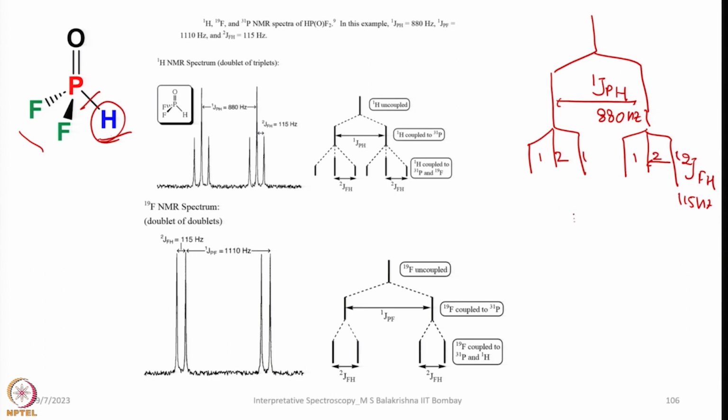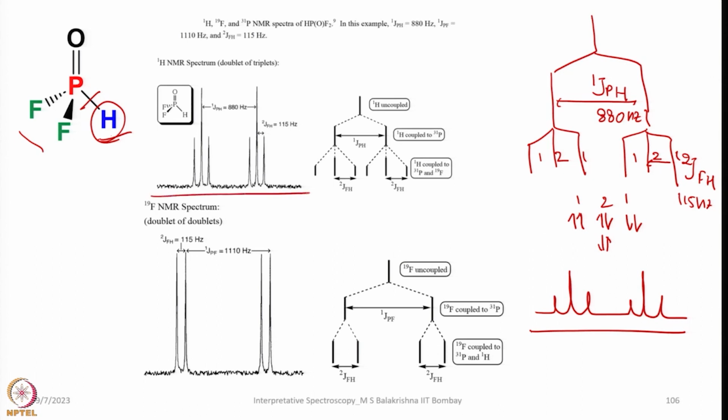We have two of them, one is like this, one will be like this, and so the ratio is 1:2:1. What you get is what I have shown here. So it is very easy to interpret. This is about the 1H NMR spectrum. Now, let us look into the 19F NMR spectrum here.